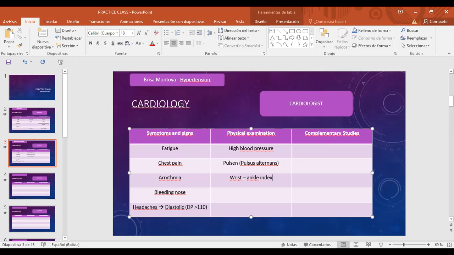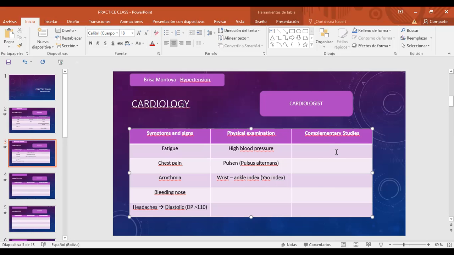If I'm not mistaken, this has another name, which is Yao index. So you're going to investigate a little bit about this index. It is related to hypertension. It is quite important and interesting.